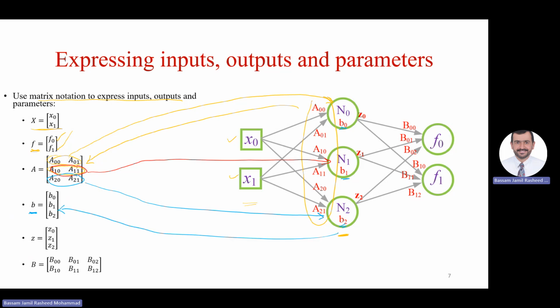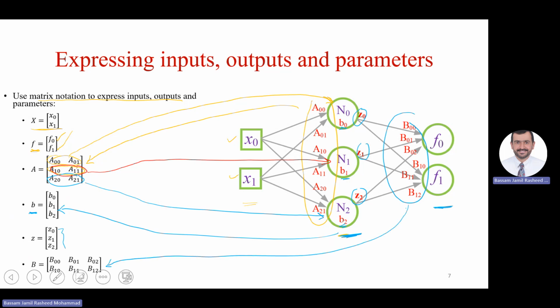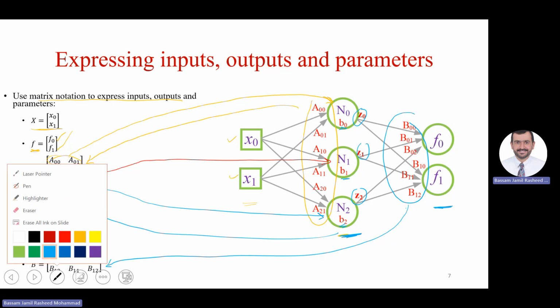I can represent the outputs coming from the hidden nodes in this vector. And I can represent as well the weights for the connection between the hidden layer and the output layer in these B's. And this is the matrix here. Again, I want you to understand the notation here.